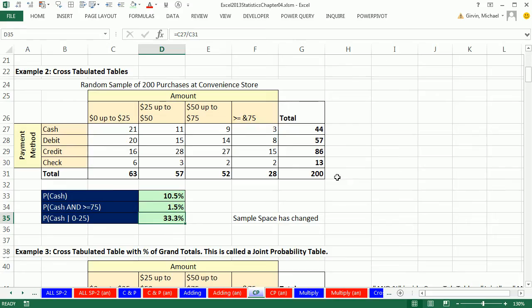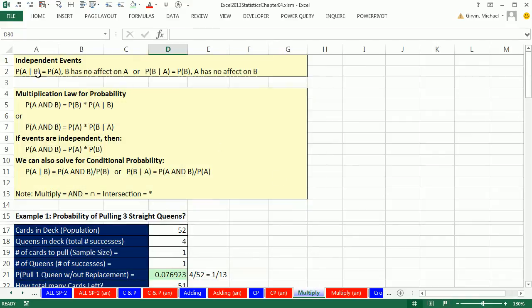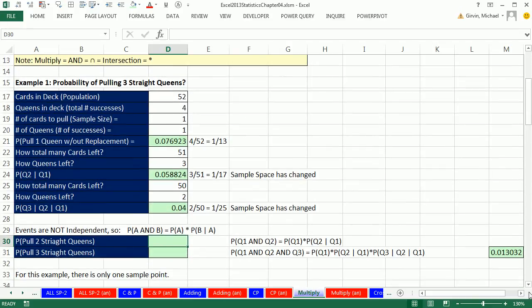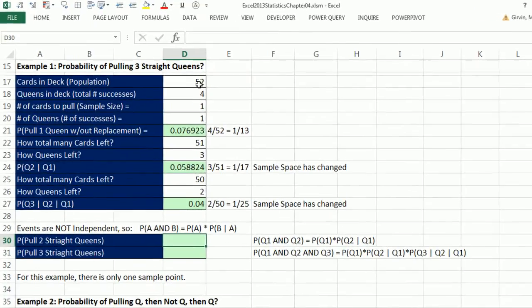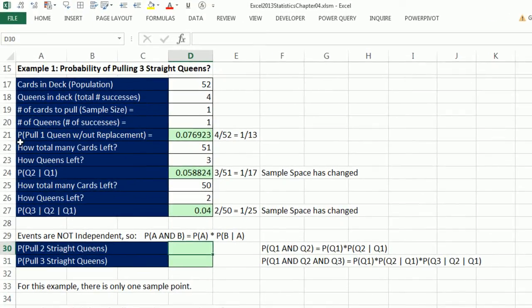Now let's go over to Excel, and I want to go to the sheet multiplying. Here's our rule for independence. Here's our rule for multiplying. Let's scroll down and look at an example. Here's our queen example, right? We calculated the probability of pulling one queen without replacement. Boom, that's for a single event.